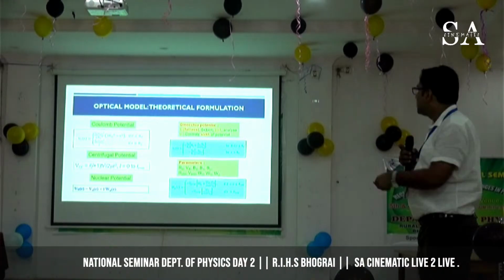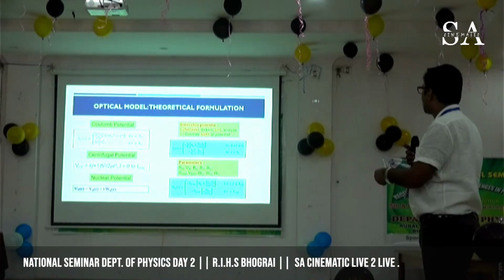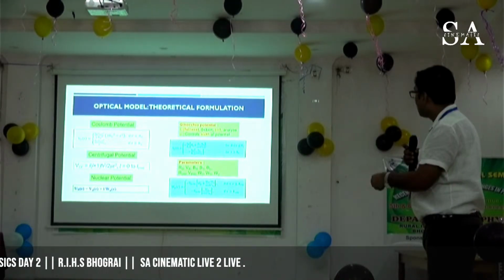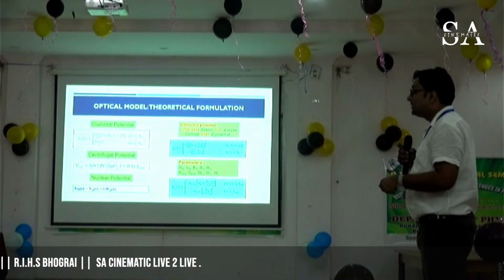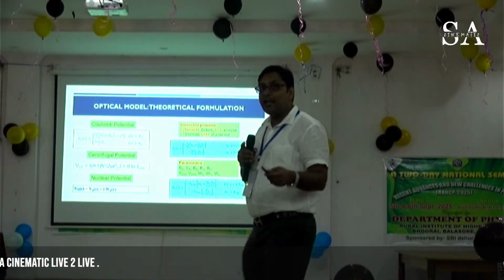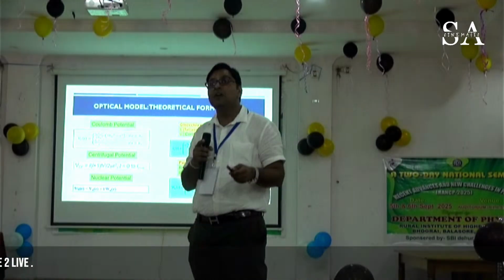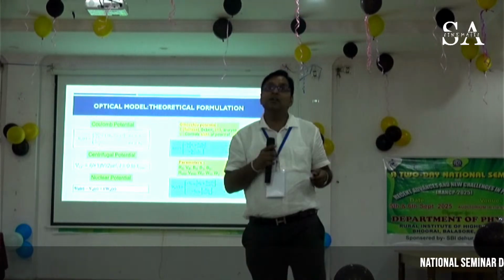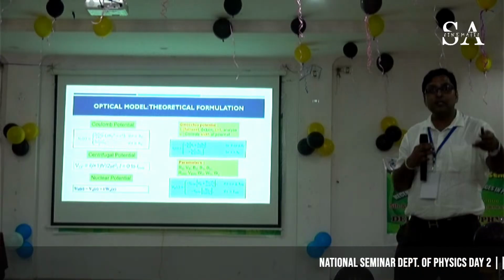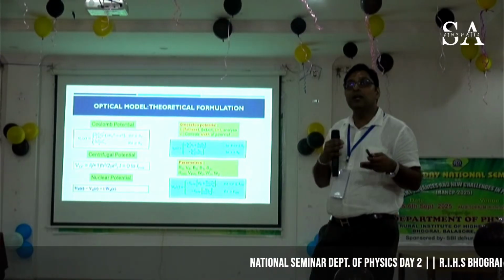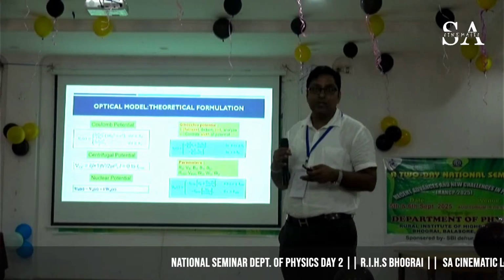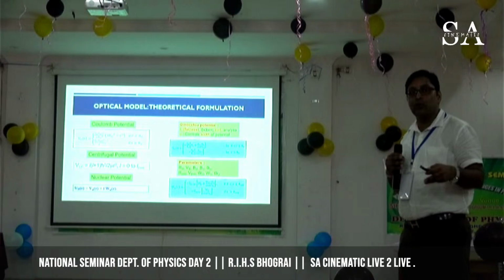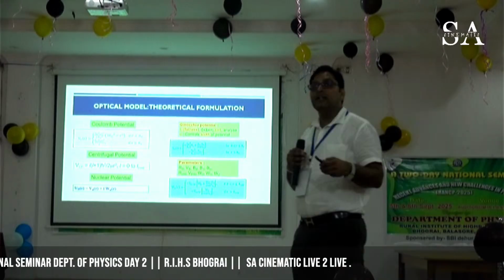Coulomb potential, this is the general form of the Coulomb potential that we have written here. Centrifugal, L into L plus 1 h bar squared, this is the form of the centrifugal potential. This nuclear potential is quite interesting because, as I already told you, there is no universal form of the nuclear potential. So you have many options. Taking into account the properties of the nucleus, you can go for various forms of the nuclear potential. In our group, we have used the Woods-Saxon potential.